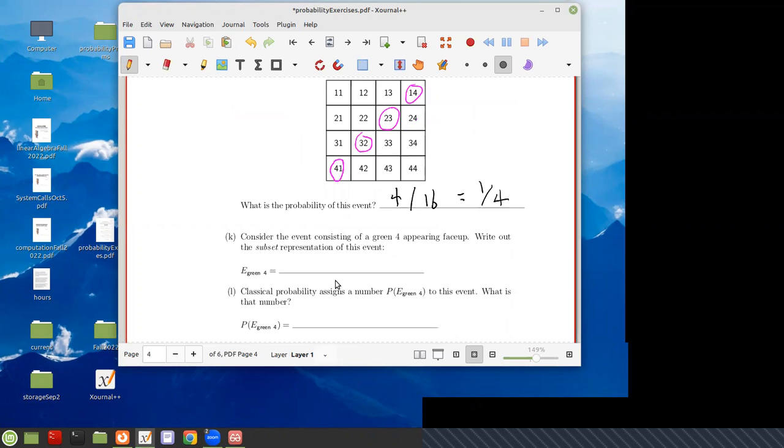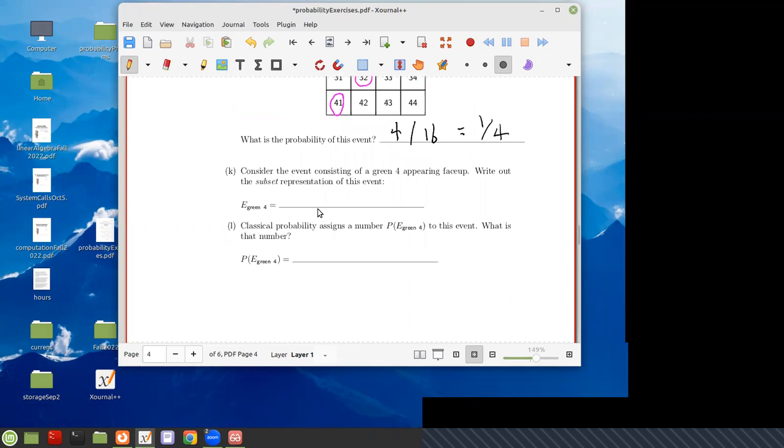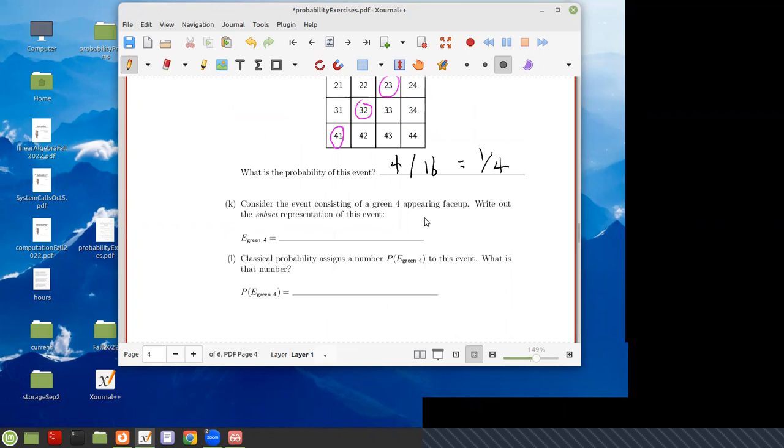I think this is similar to one we've done before, but let's try it anyway. Consider the event consisting of a green 4 appearing face up. Write out the subset representation of this event, which is just what we've called the definition before.